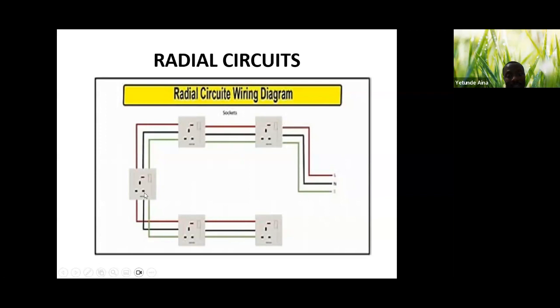There won't be flow of current in the remaining one again, because nothing is feeding this system back again. And that is one disadvantage of this circuit, unlike the ring circuit. But the two of them are used when it comes to electrical installation in our various homes and for other industrial applications.